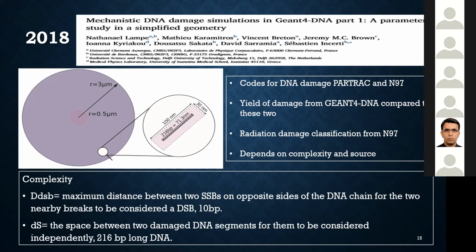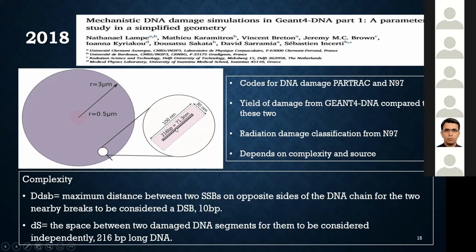Another really important quantity is DS, the space between two damaged DNA segments for them to be considered independently. In this case, it is the length of the DNA segment that we put in the rectangle, which is 216 base pairs.